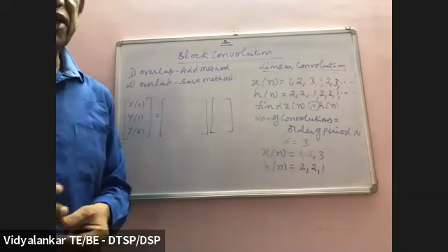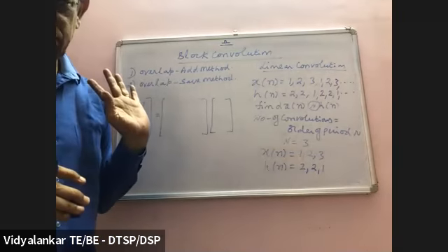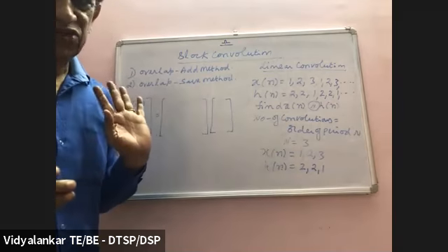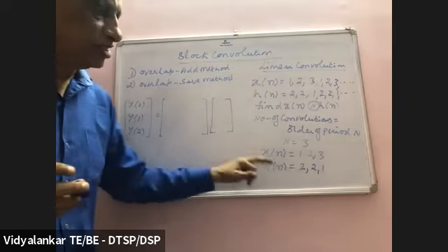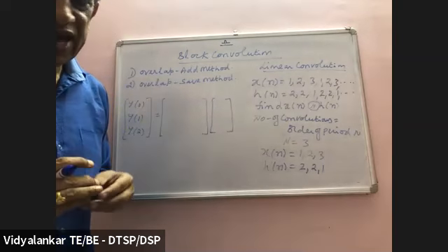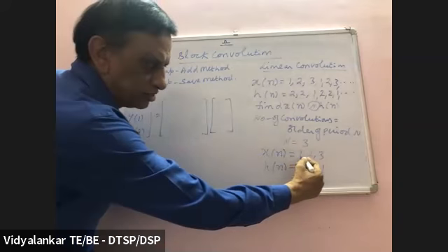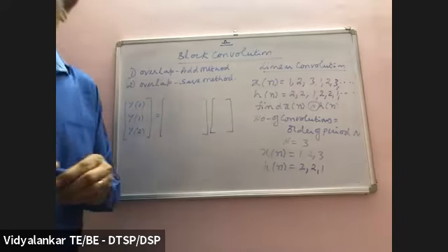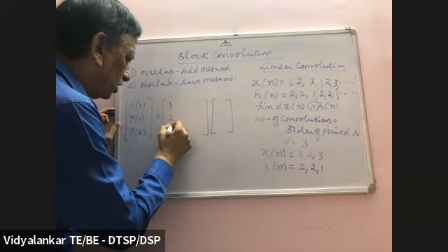Shall I prepare X as the square matrix or H as the square matrix? X. Okay, X. Whenever you want to prepare X as a square matrix, whatever X values, take them in the first column. X is 1, 2, 3.